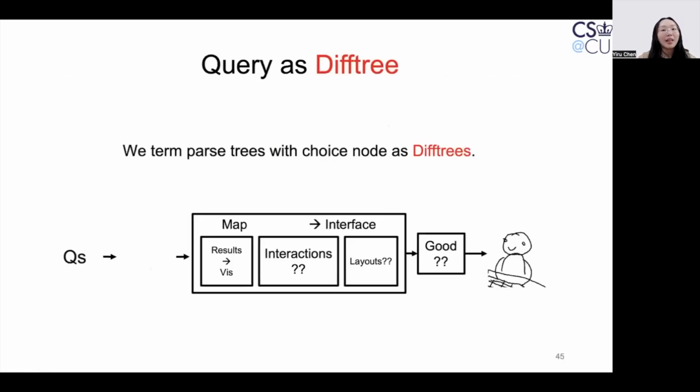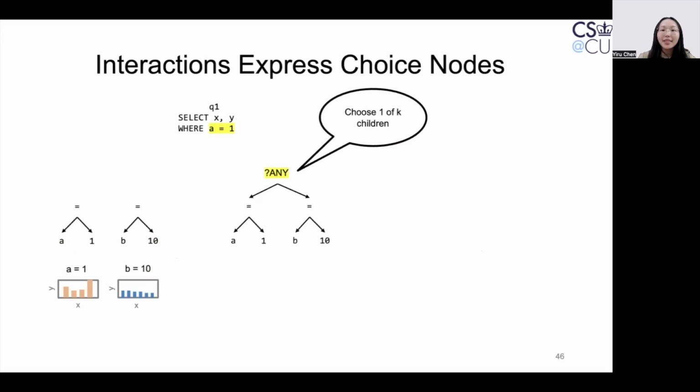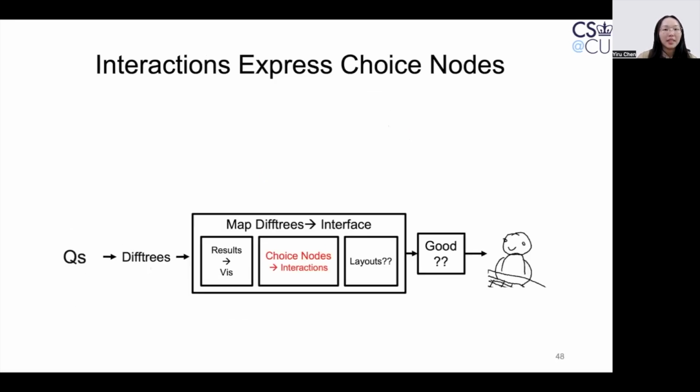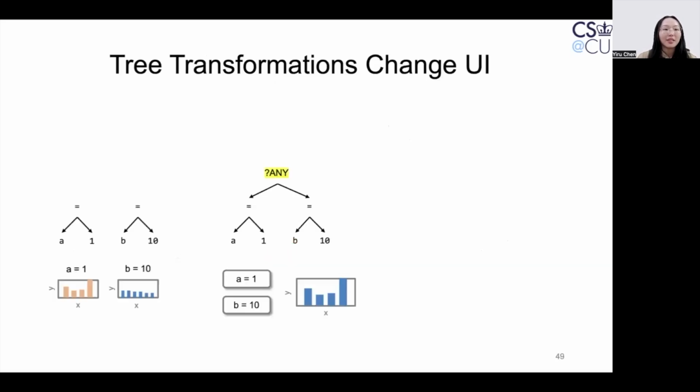And we term a parse tree with choice nodes a diff tree. And in the end, we represent the queries as diff trees. So the nice thing about this is that this choice node can directly map to interaction. For instance, this choice node maps to a button interaction. So here, clicking on the second button would correspond to choosing the second child of this choice node. This is interaction mapping, which maps the choice node to interaction.